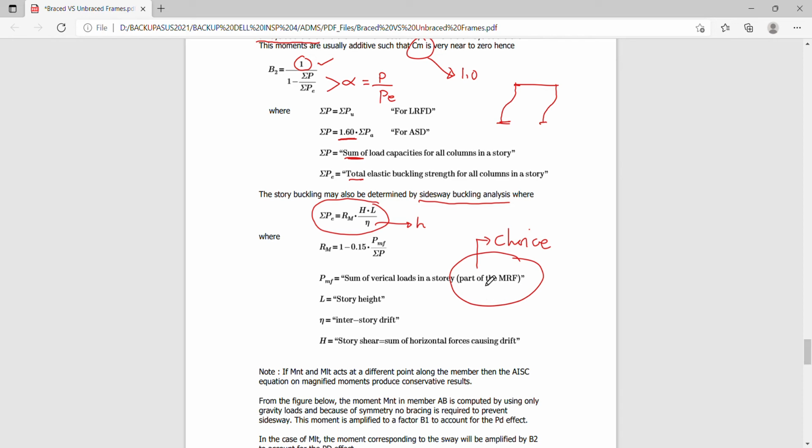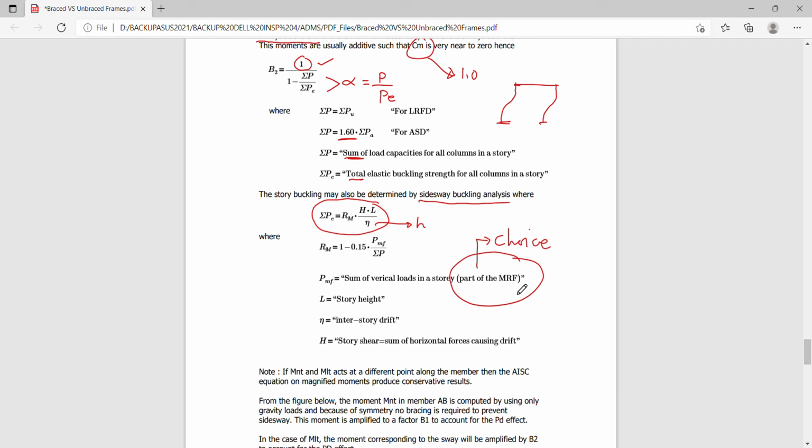So you have a choice as to what columns constitute the MRF, or the moment resisting frame. So if you want your columns to be only a dummy column that only resists actual loads, then you have the choice to do it.